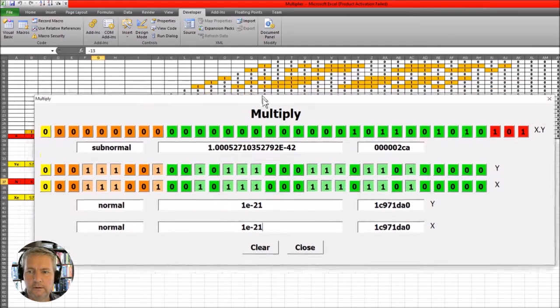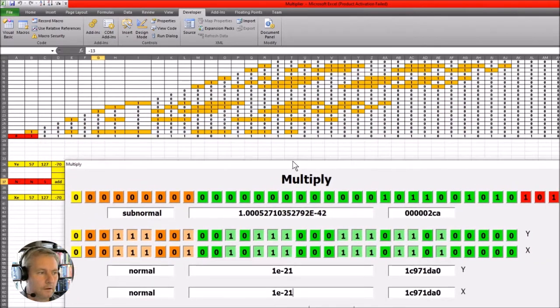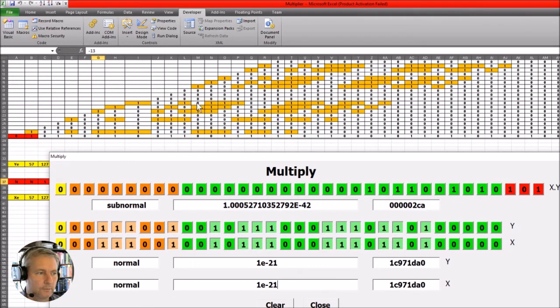And you can see that we have our output here, which is the multiplication of these two mantissa values, and we have our 0 and we have our 1 at the most significant bits of this multiplication.